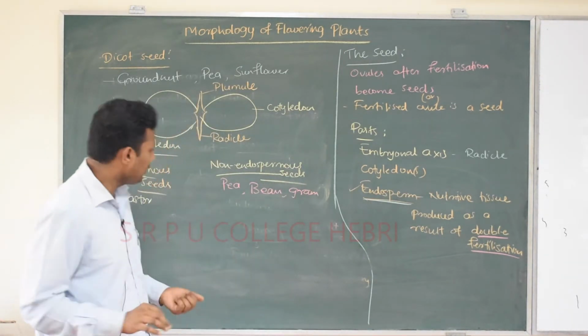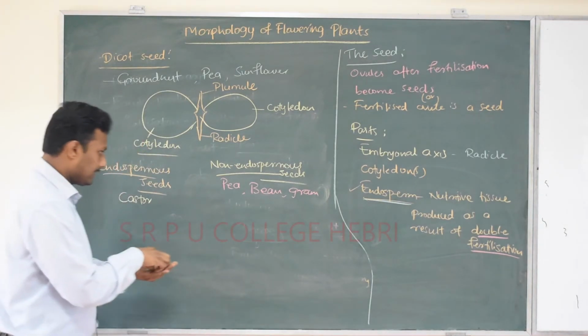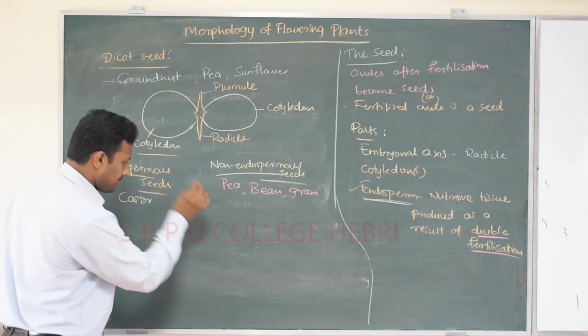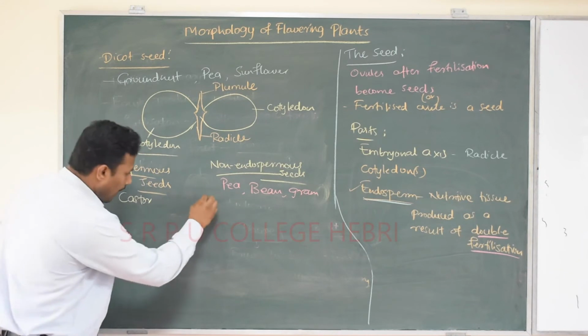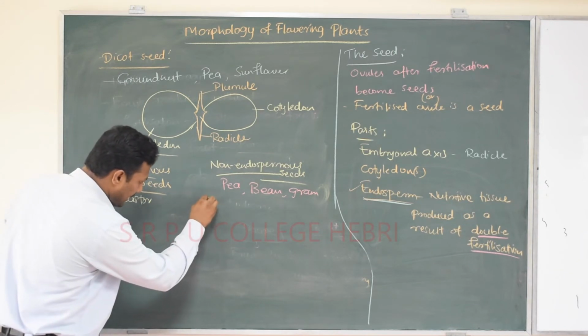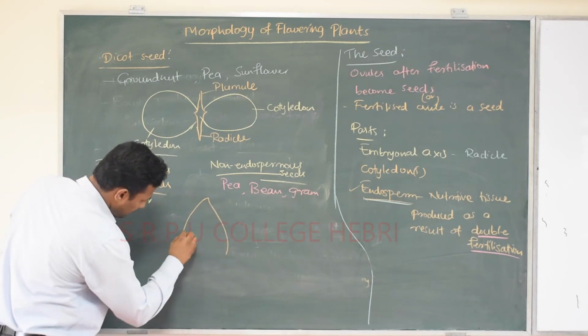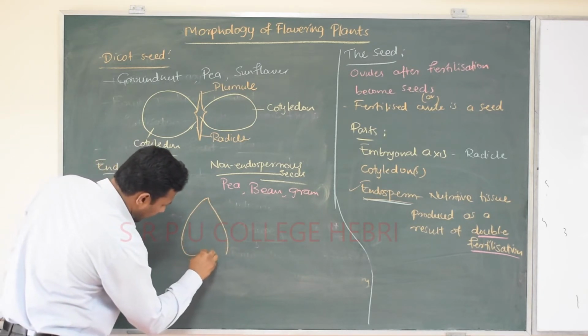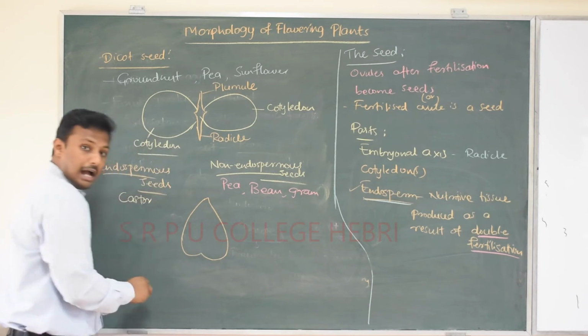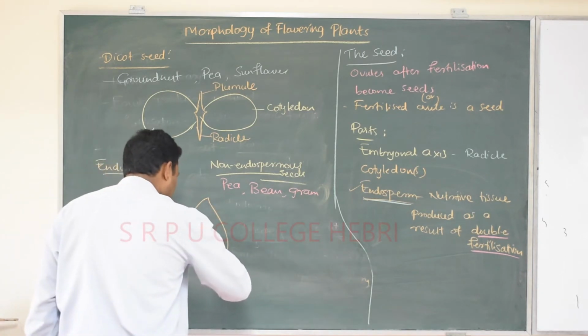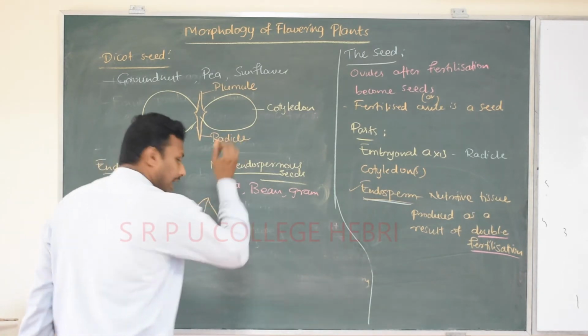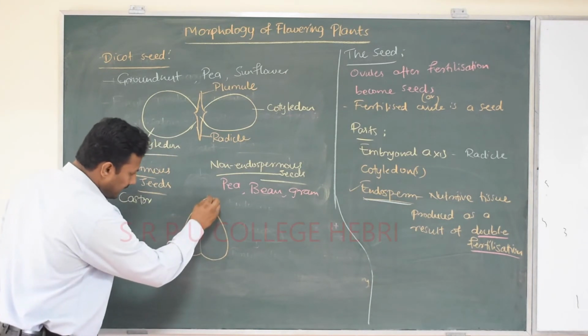Yes, before we go to the monocot seed, let me tell you a little more information about the dicot seed. See, the dicot seed, how does it look morphologically? It looks somewhat like this, right? It will have two cotyledons, and both cotyledons are bifurcated by a scar. Scar means a mark, right?